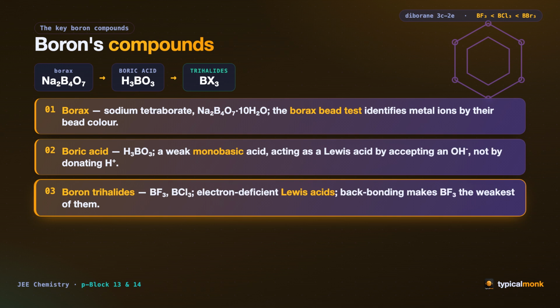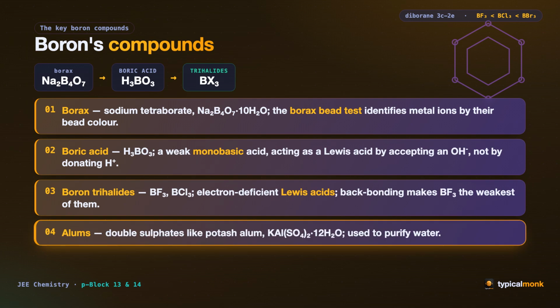Boron trihalides, boron trifluoride, boron trichloride, and so on, are electron-deficient Lewis acids, and back bonding makes boron trifluoride the weakest of the 3. And alums, double sulfates such as potash alum, are used to purify water.